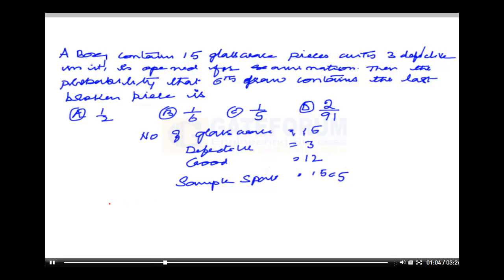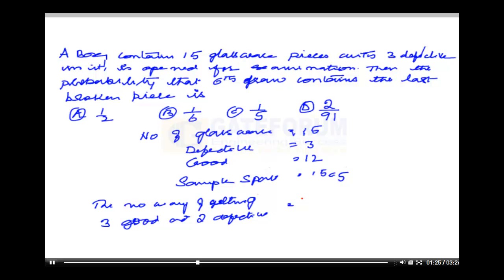Therefore the number of ways of getting 3 good and 2 defective is 12C3 and 3C2.